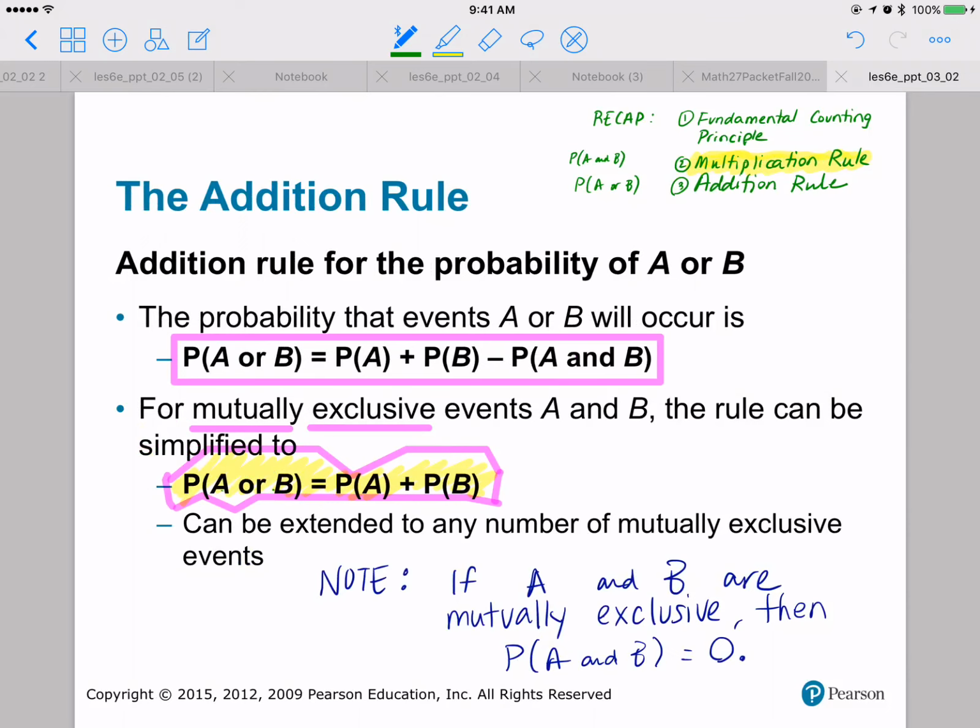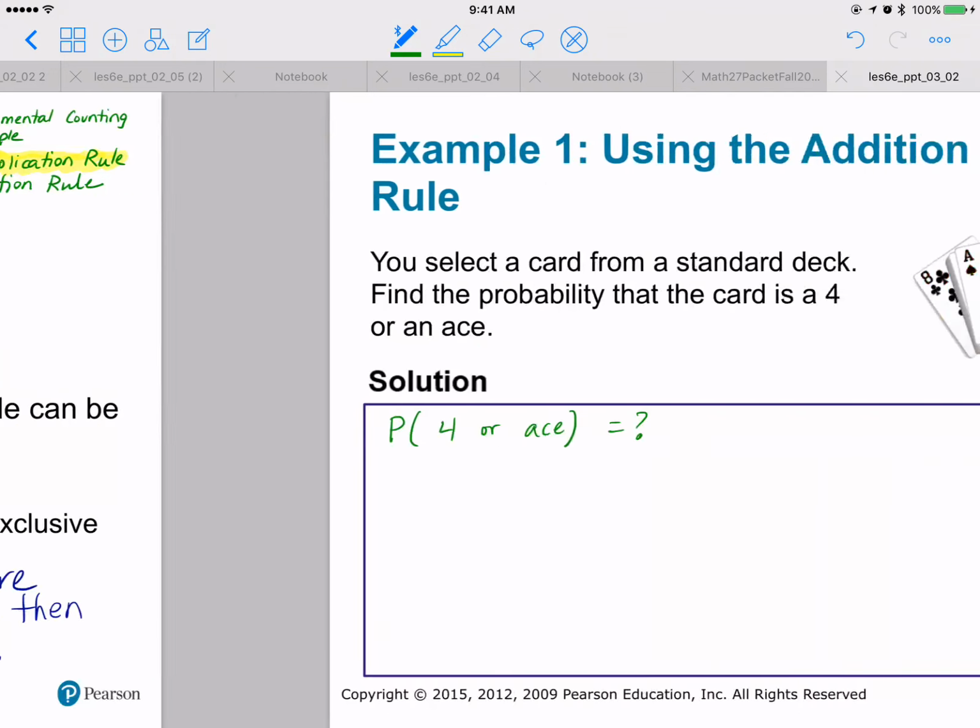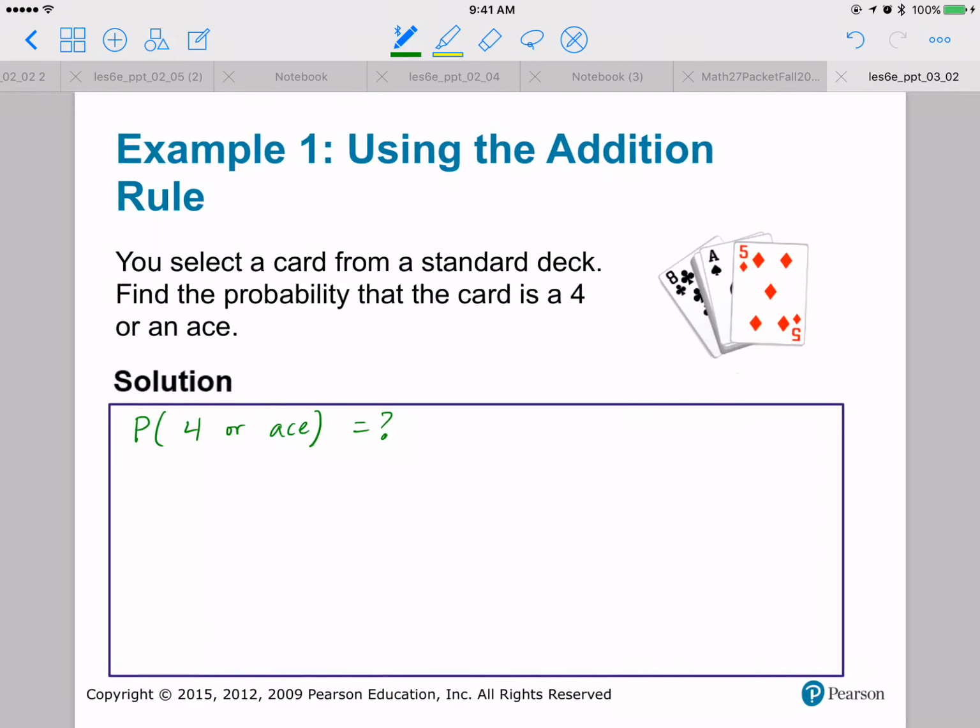Now we've got two formulas, and our question is, should we use the first formula here, formula number 1, or if we can actually use formula number 2. Formula number 2 is going to come into play when we have mutually exclusive events. So let's check if 4 and ace are mutually exclusive.